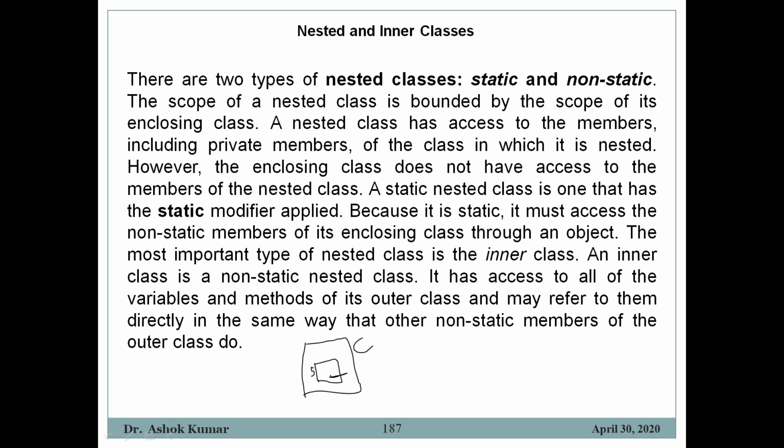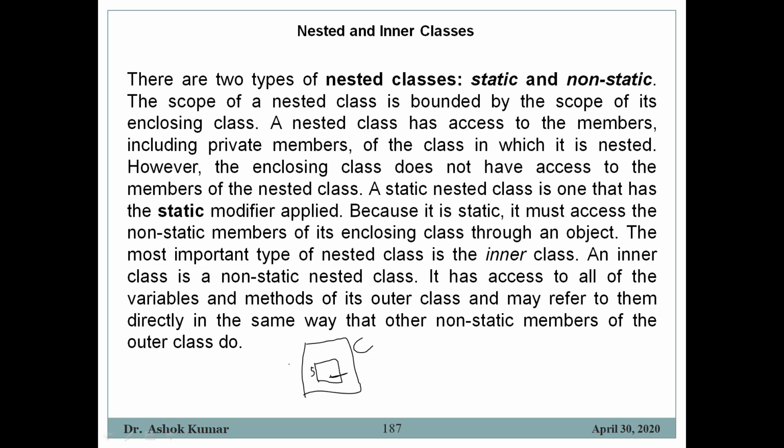How can you create a static class? You just have to put the keyword static before the keyword class. Whenever you define it with the keyword static before it, that class will become a static class.